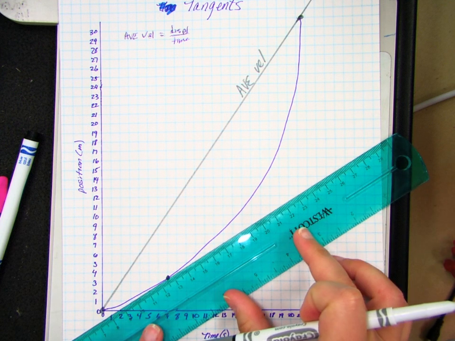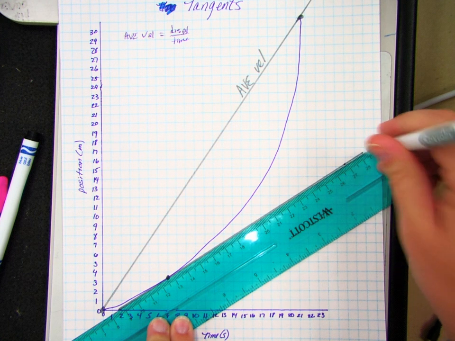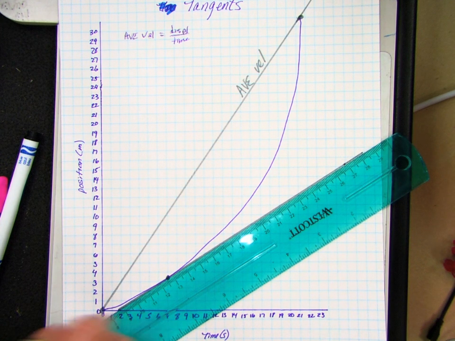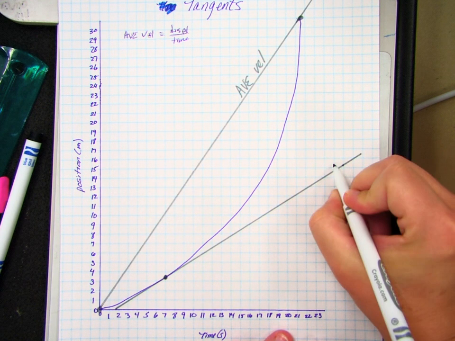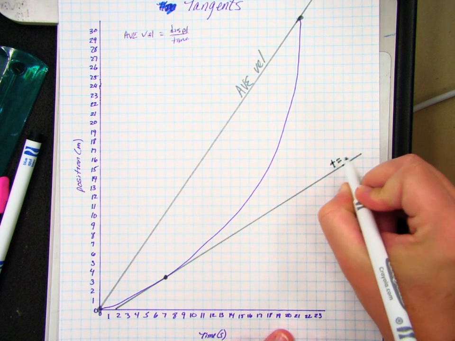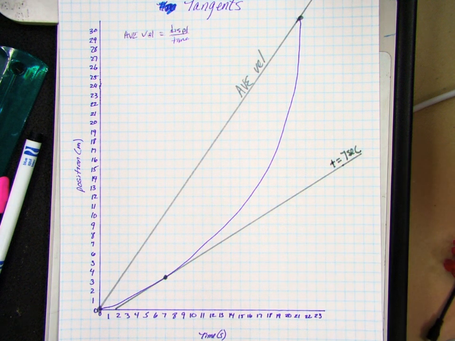I'm going to draw the line as long as I can. An important tip here, and I'll label it right now. So t equals 7 seconds.